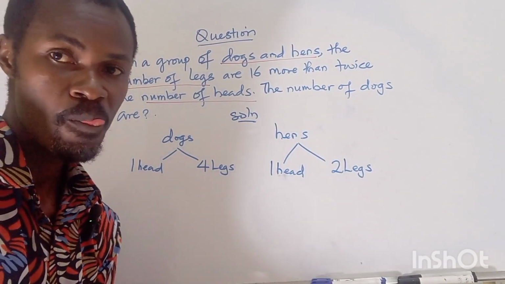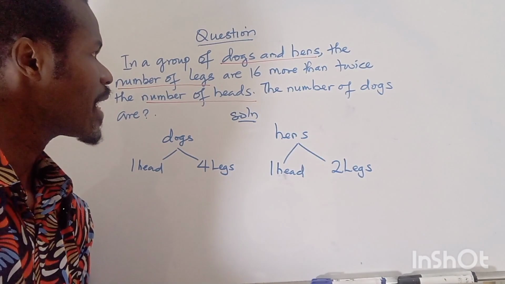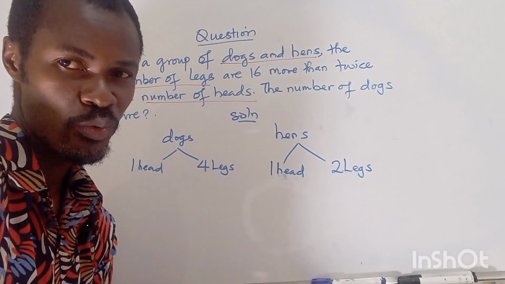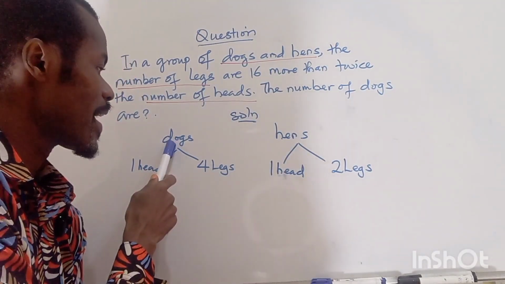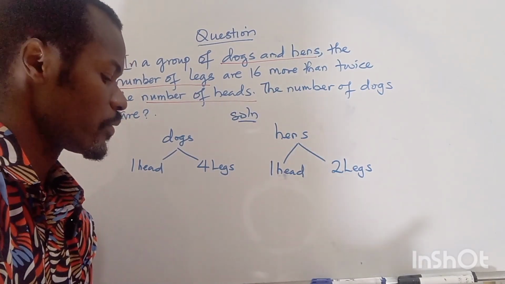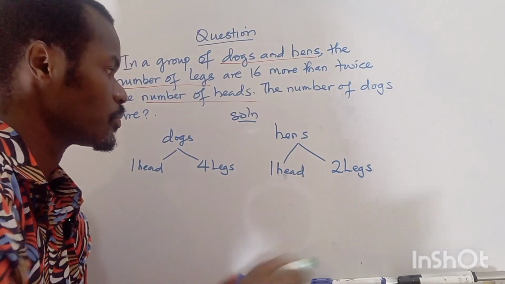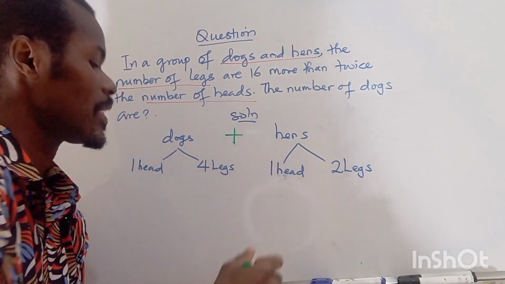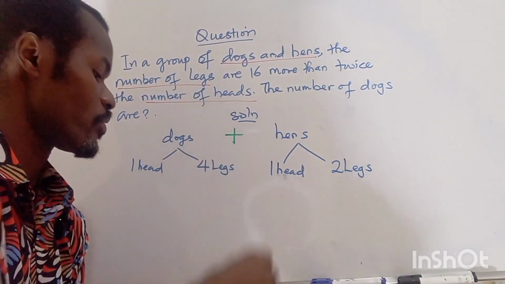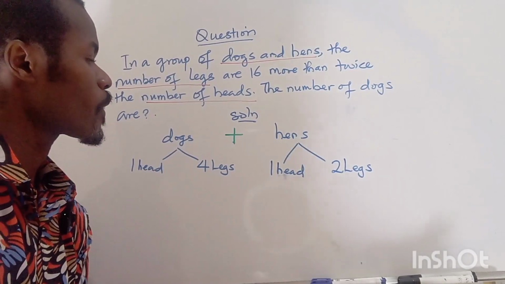Okay, so now they are grouped together. We have the dogs and the hens grouped together. For instance, if I have one dog and one hen together, let's consider the total number of legs and the total number of heads we are going to get.